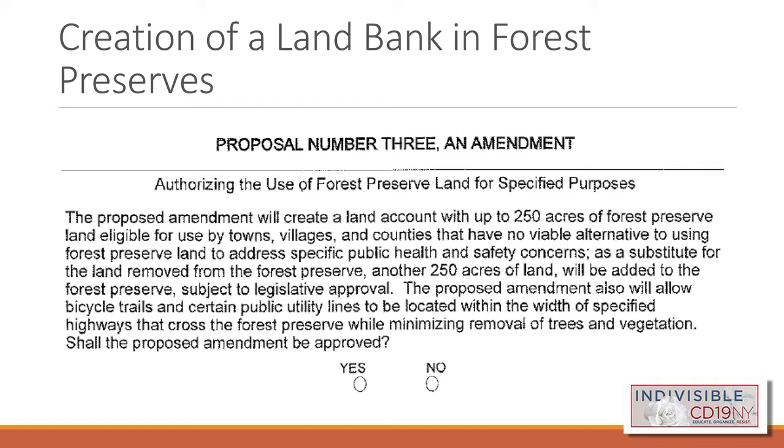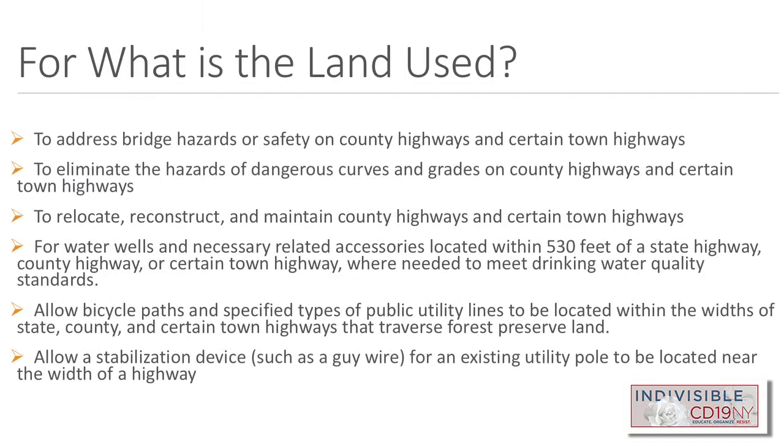The purpose of that, if you flip to the next slide, is that because we do have the forever wild provisions, especially in the Adirondacks, I know this is a huge issue, you have trouble expanding broadband or putting in municipal utilities because you can't bury municipal utilities even in public right-of-ways. So this allows for putting in, within the right-of-ways that already exist for roads, water, sewer, electricity, telephone, and internet infrastructure.